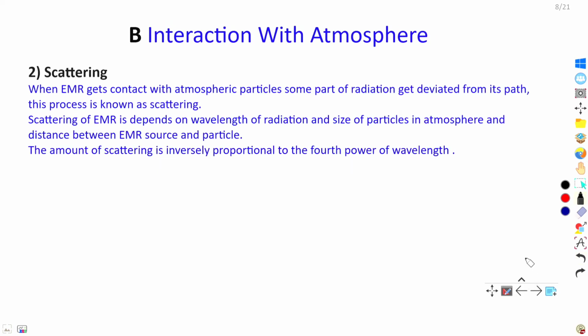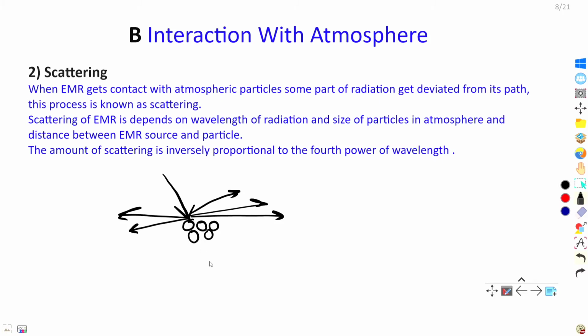Next, moving on to scattering. When electromagnetic radiation comes in contact with atmospheric particles, for example here we can see some gaseous particles or pollutants, when incident rays come in contact with them, they get deviated in several directions. They are not able to go down; some amount of it gets dispersed and deviated in all other directions. So this is called scattering.